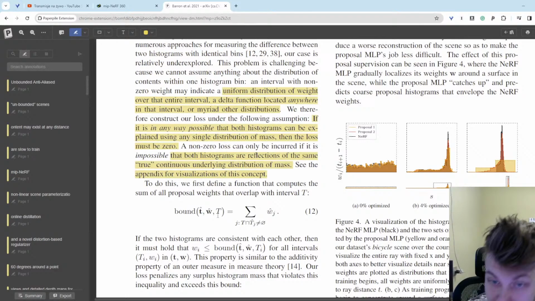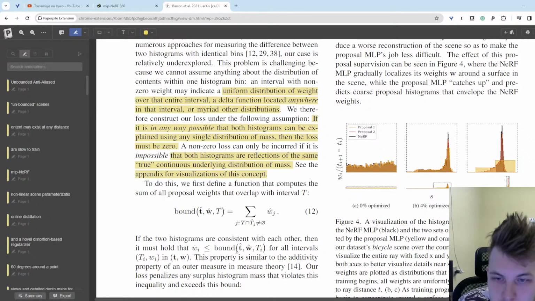So this is the bound. First we can define a function that computes the sum of all proposal weights that overlap with interval t. So for interval t, if the two histograms are consistent with each other, then it must hold that wi, so the actual thing, is smaller than the bound for all intervals ti in tw.